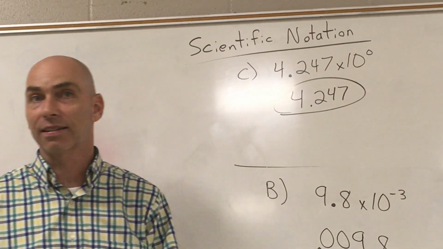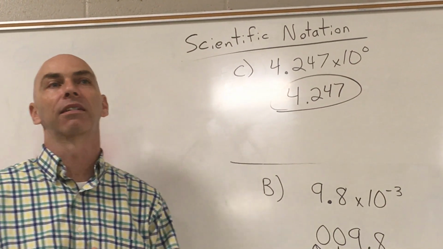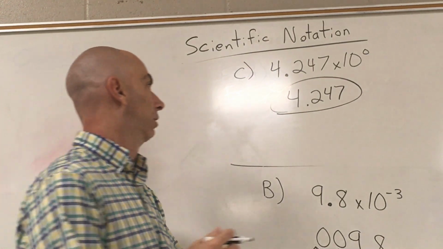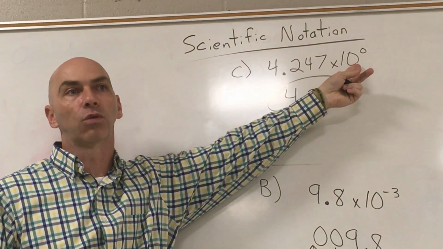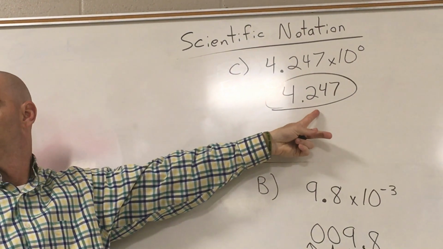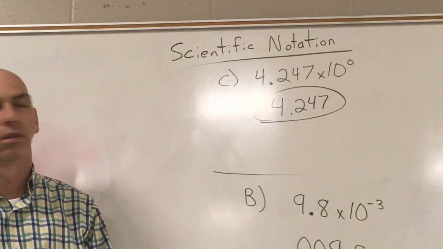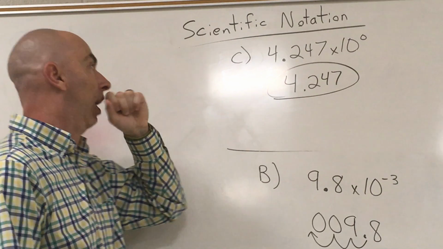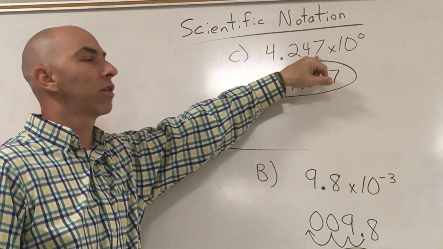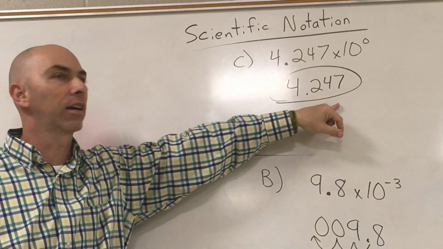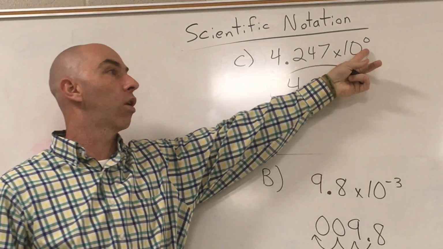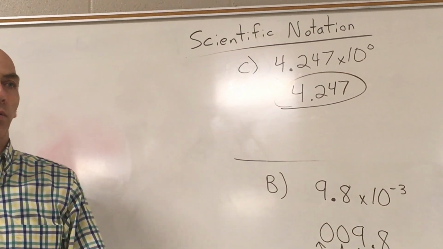If I said x to the 0 power, that is 1. So 4.247 times 1 is 4.247. So you should know that's 1, and then you know I ain't got to move the decimal anywhere.